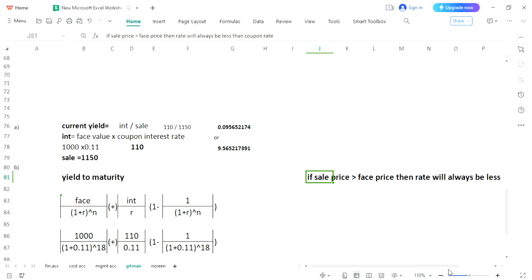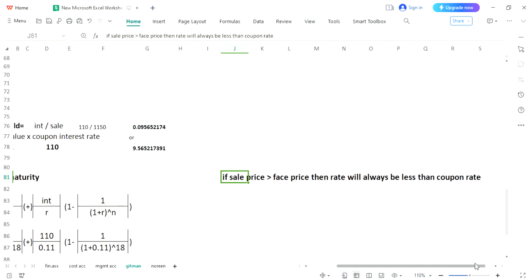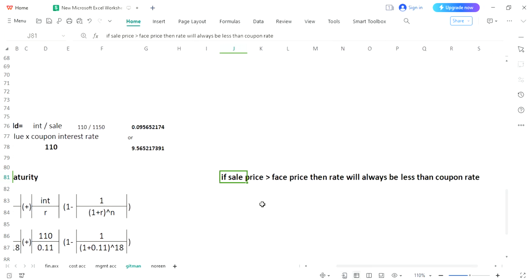If the sale price was 1175, which was more than the face price of 1000. The statement is saying what? If sale price is more than face price, then the rate will always be less than the coupon interest rate.